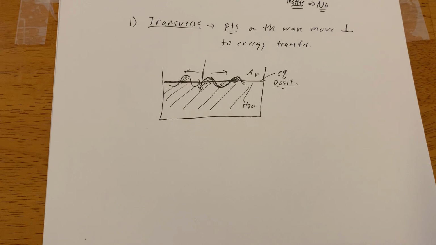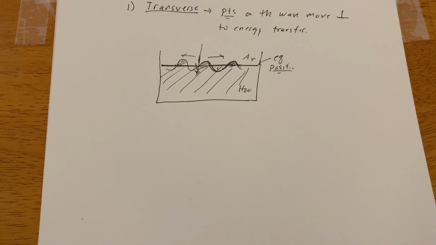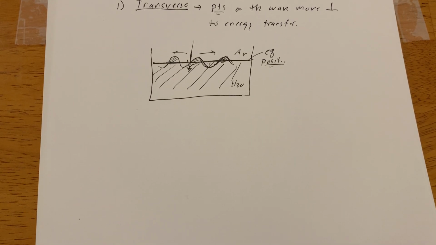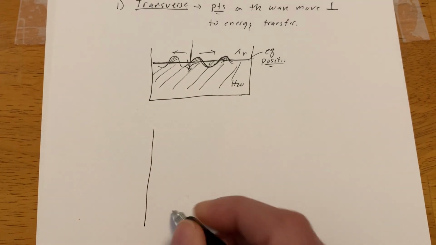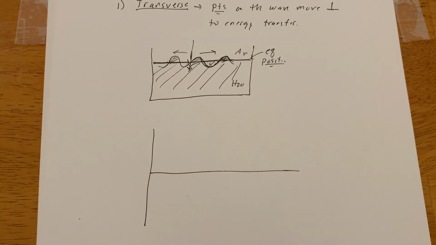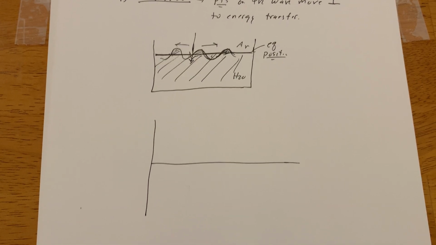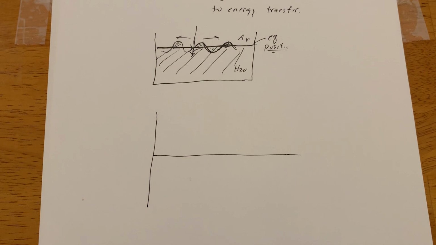Now, what's going to be weird is we're going to try very hard to represent this on a piece of paper. Here I have a graph. It's not really a graph like X and Y coordinates or anything like that. It's just how we are going to visualize a wave.